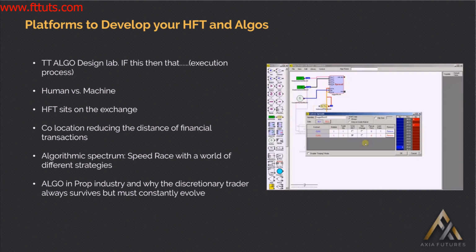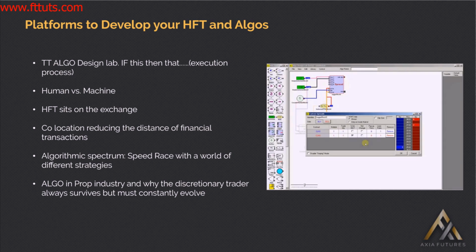So it's really important for us to understand that HFT systems sit on the exchange, so they are co-located, which reduces the distance of financial transactions. When you're designing your algorithm and you want to compete on speed, you need to ensure that you're co-located. With Trading Technologies, most of their servers are co-located at the largest exchanges such as Eurex and CME all around the world.